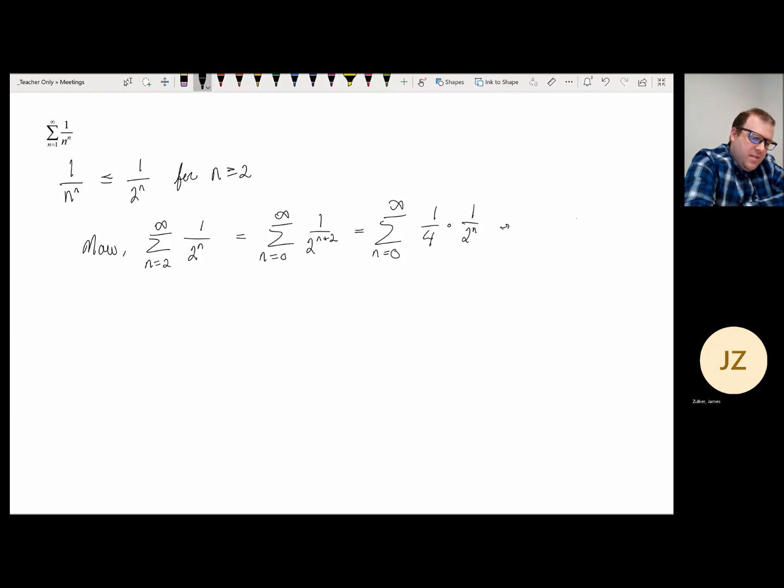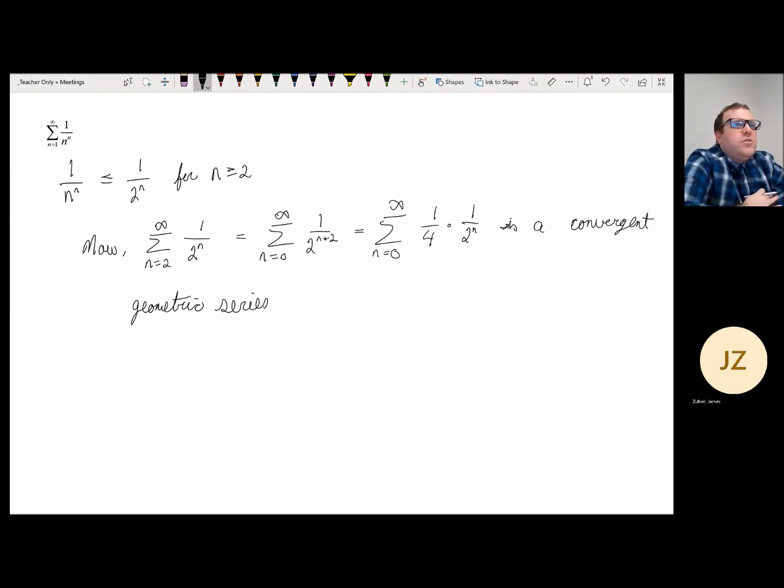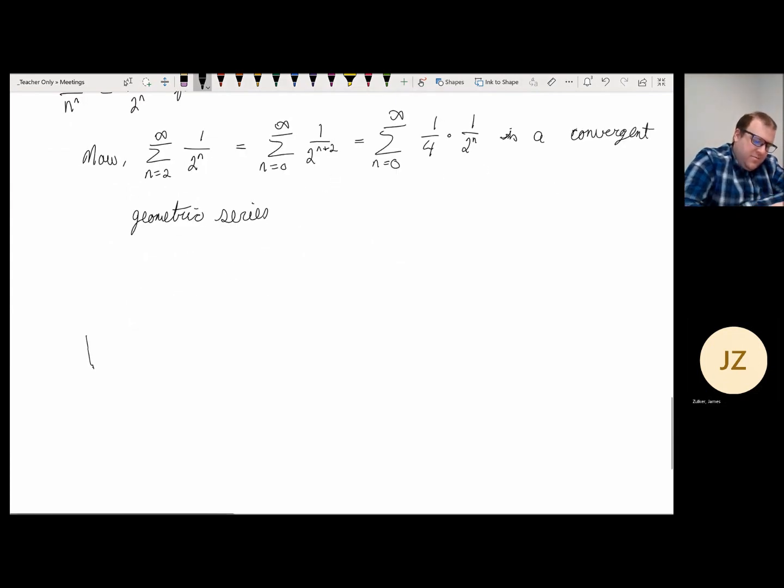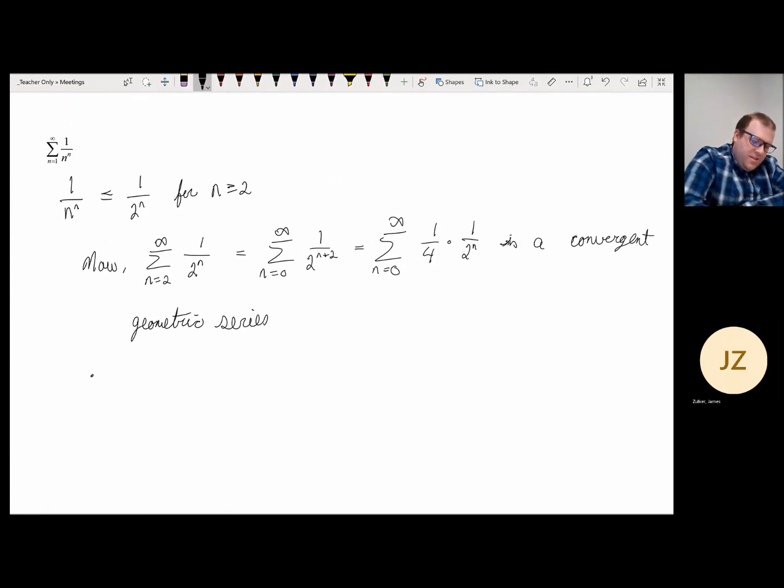It is a convergent geometric series, right? C is a quarter, R is a half. 2 to the n plus 2, isn't that 2 to the n times 2 squared?